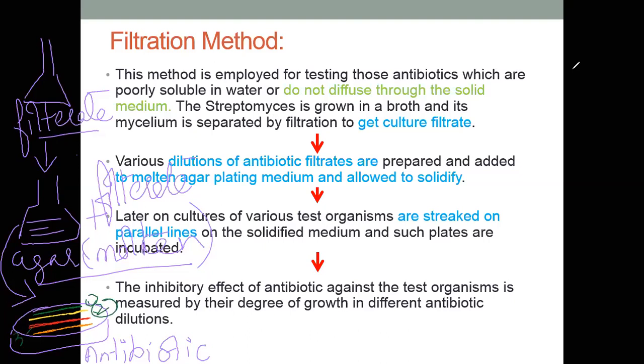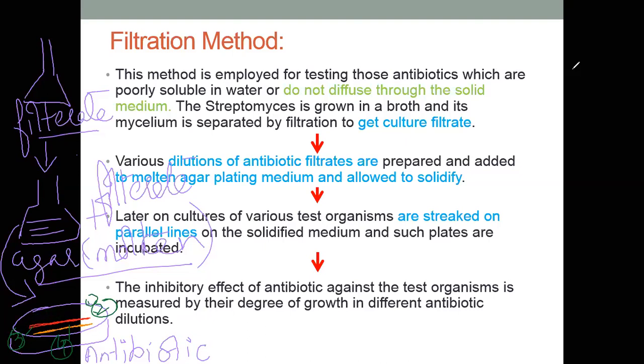So this was three, and this was four, right? So what happens is, as you let the streak plate incubate, after 24 hours, 48 hours, whatever the incubation period is, you observe that this streak number two that you added is not growing.